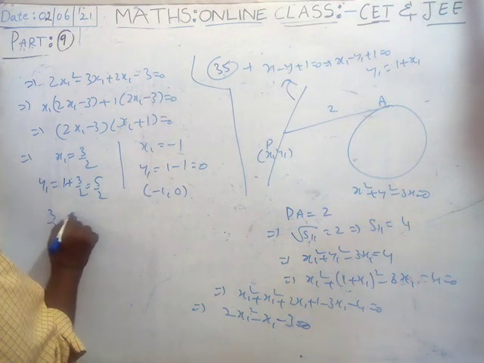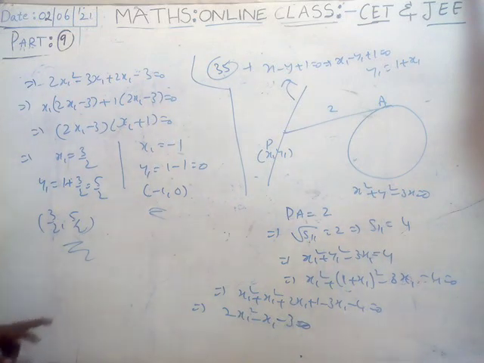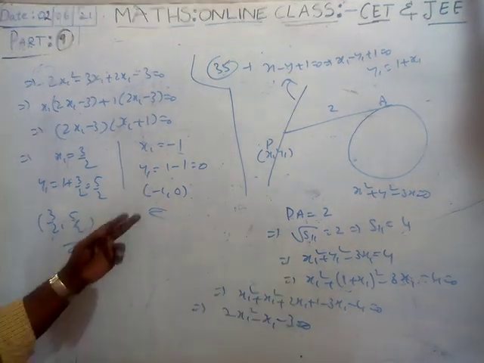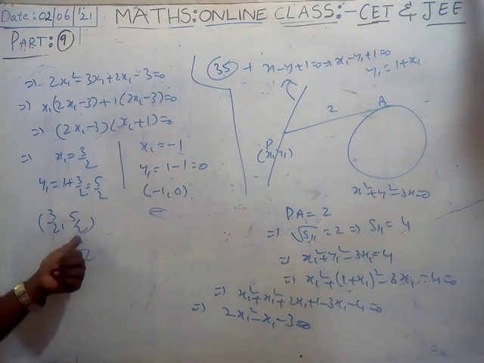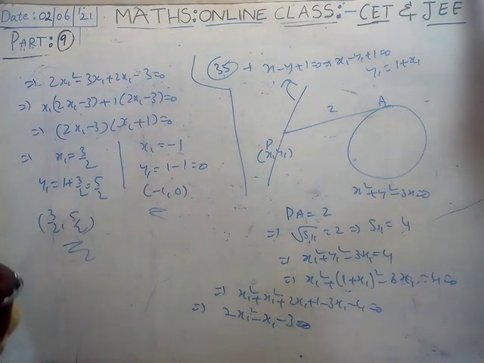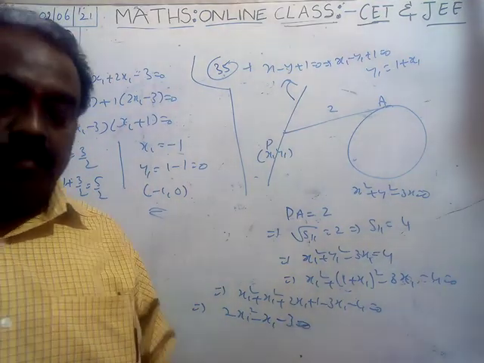So (3/2, 5/2) is another point. So there are two points. That P point may be (3/2, 5/2) or (-1, 0). Okay, like that we have to solve the problems. Yes, okay? Thank you.